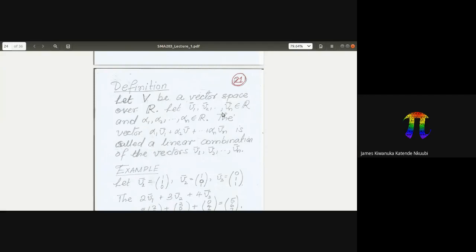It can also be Rn as an example, but it works for any vector space. Like I said, we shall look at other vector spaces which are different from Rn later on. So you replace this R with a V.